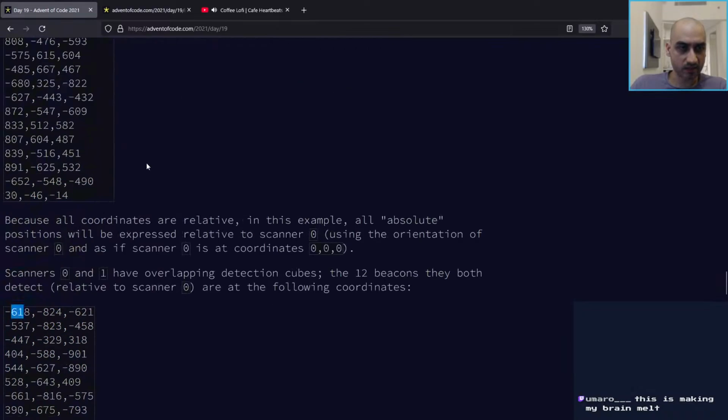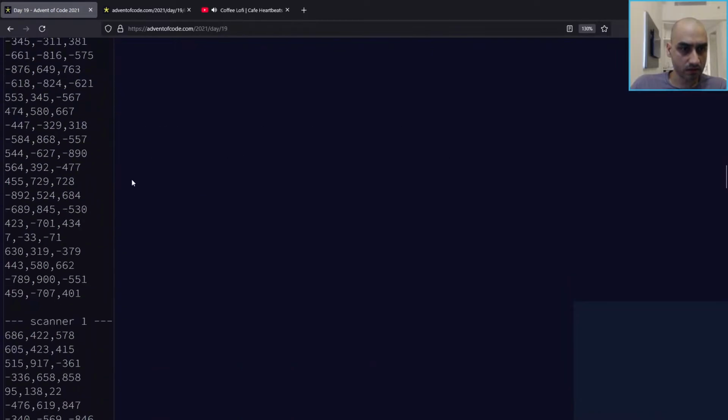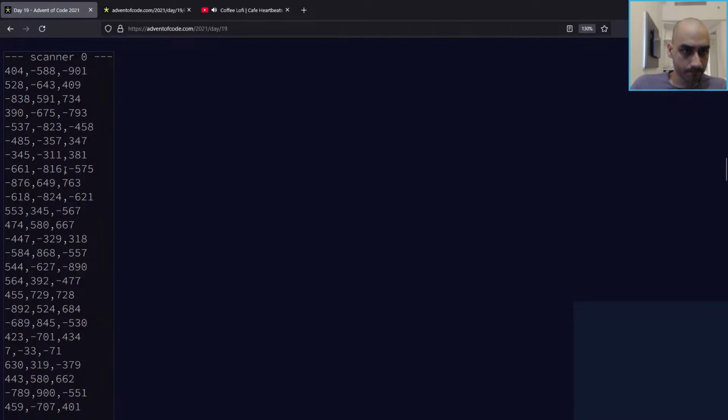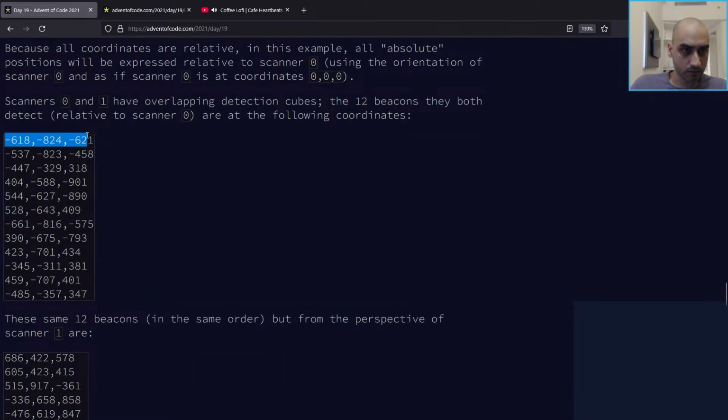Okay, 618, did it appear in the other axes? Maybe it was a different axis. Okay. Oh, it was there, I didn't see it. Okay, it is actually there. -618, -824, -621. Okay, fine. So those are actually in scanner 0's set.